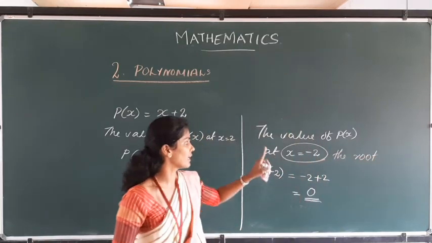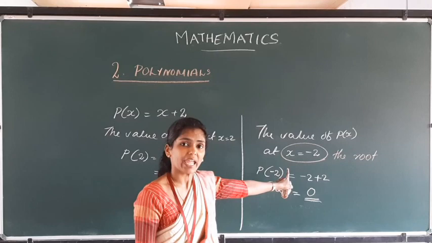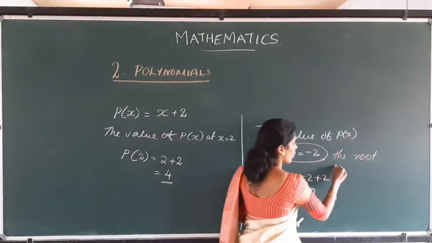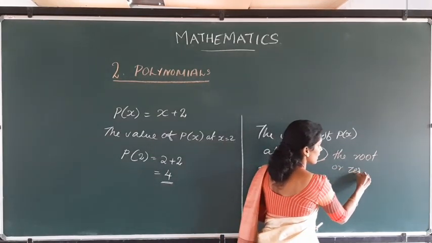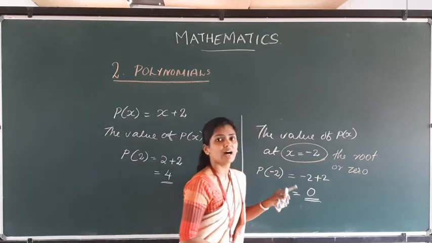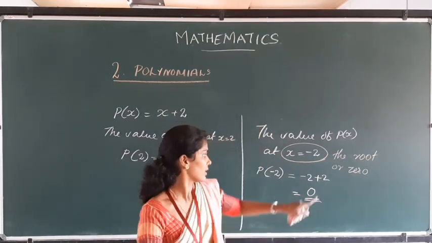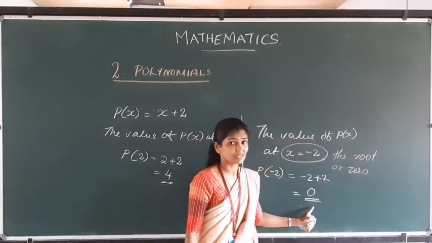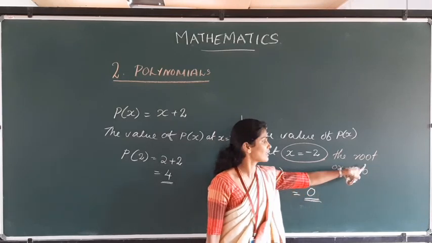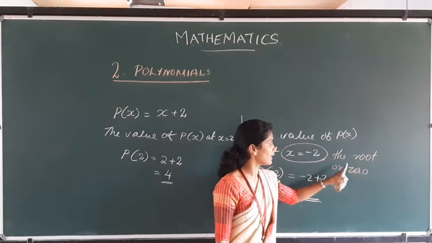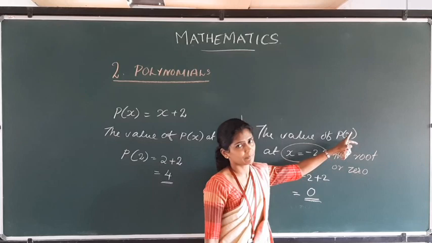We call the value of x the root or 0 of that polynomial. This 0 is not equal to this 0. This 0 means the root of that polynomial.